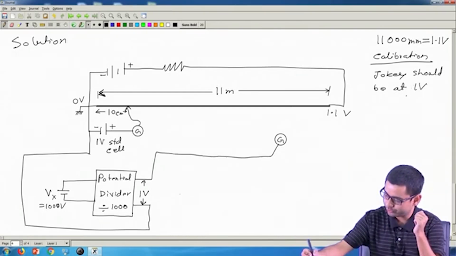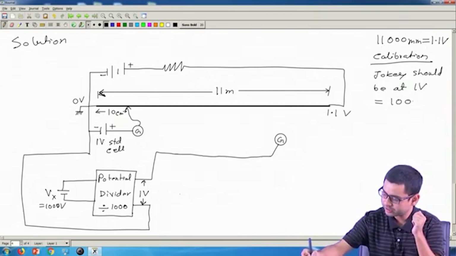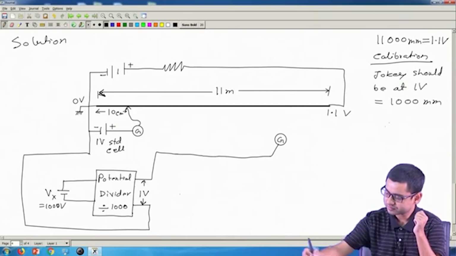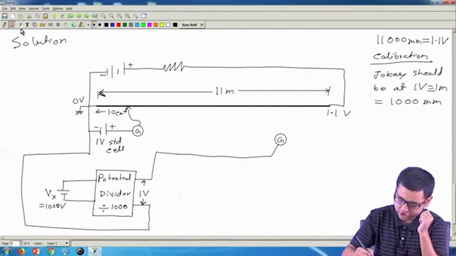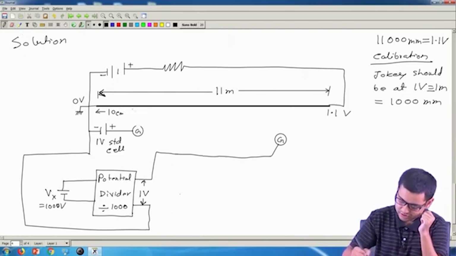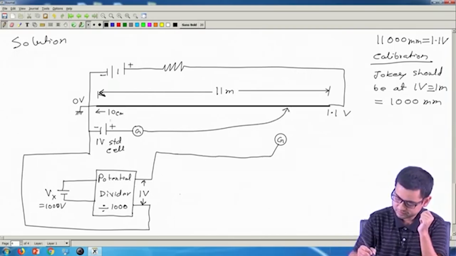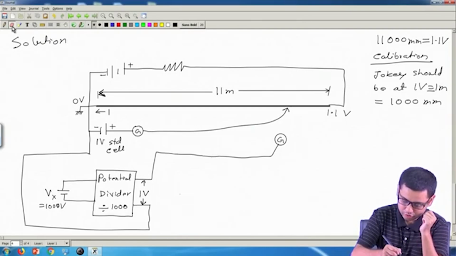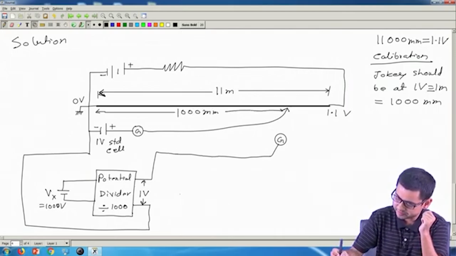So, 1 volt is equivalent to, from this you can find, 1 meter or 1000 millimeter. So, we have to put the jockey somewhere down here at a distance of 1 meter or 1000 millimeter from the left side.